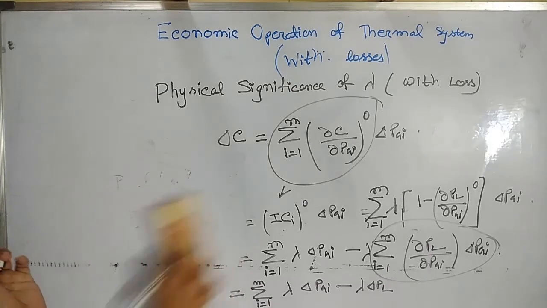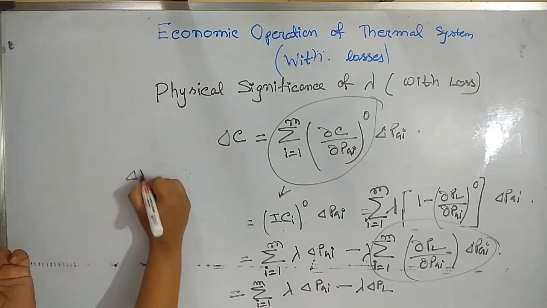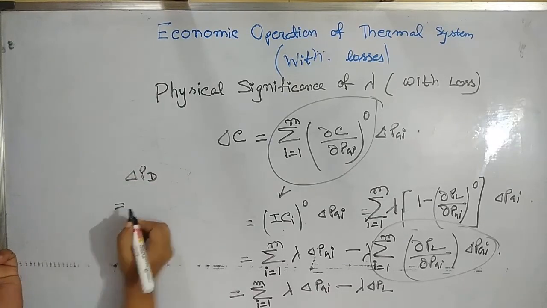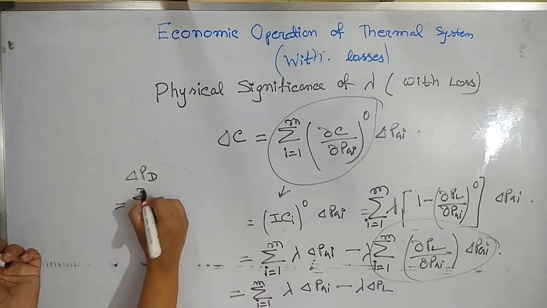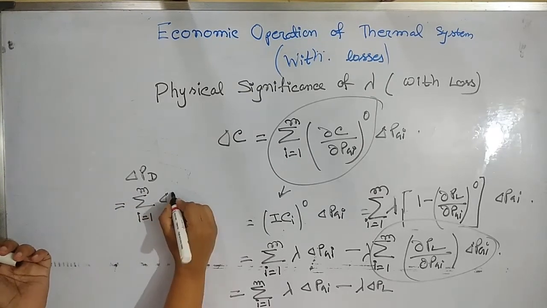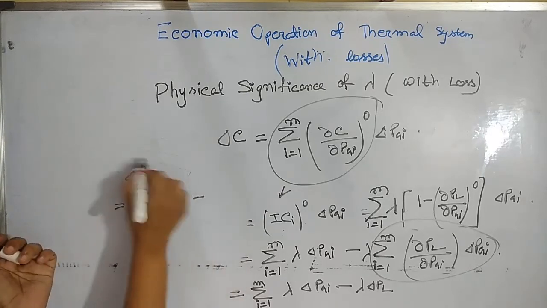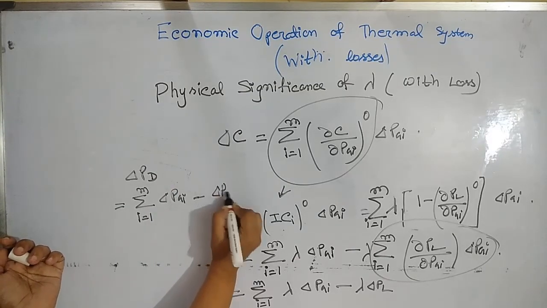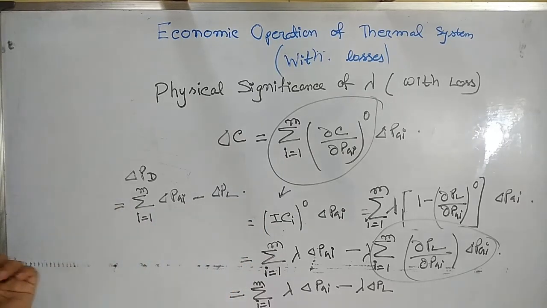Now what is delta PD? Delta PD is equal to total generation minus total losses, that is our demand.